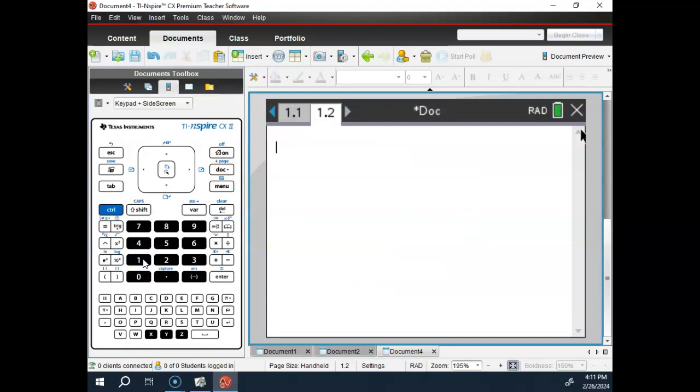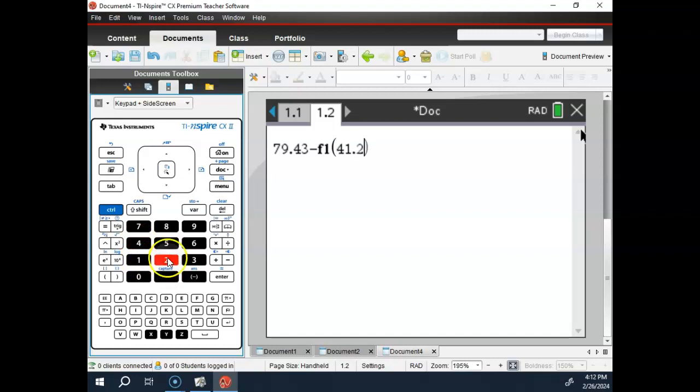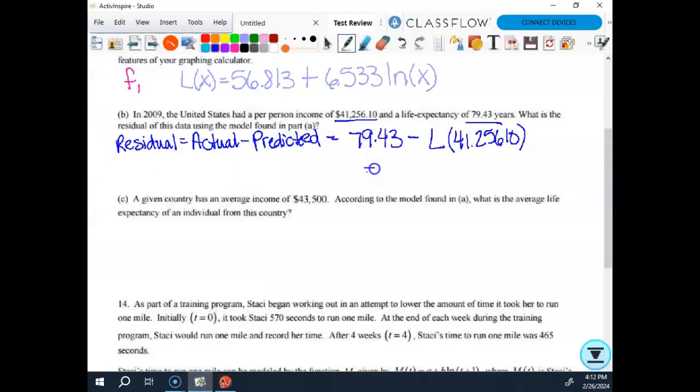I know it can be graphed for me. I don't really care to look at the graph. So the actual was 79.43 minus, so that L that is in F1 of 41.25610. Hit enter. And I get negative 1.688. That equals negative 1.688.